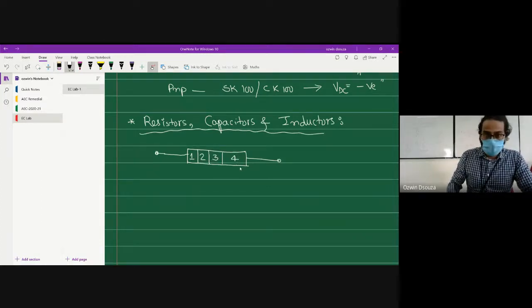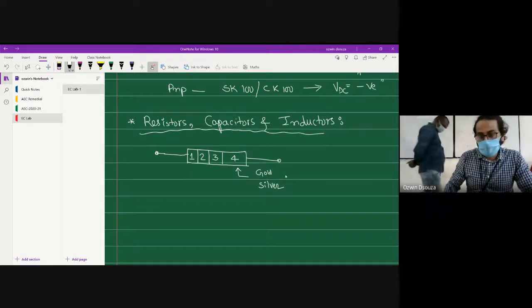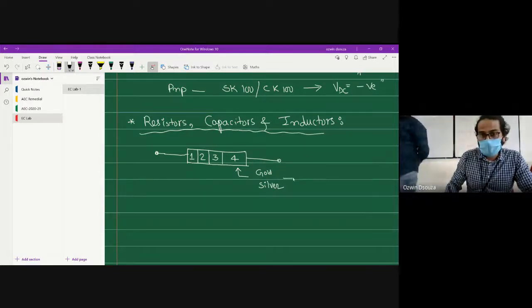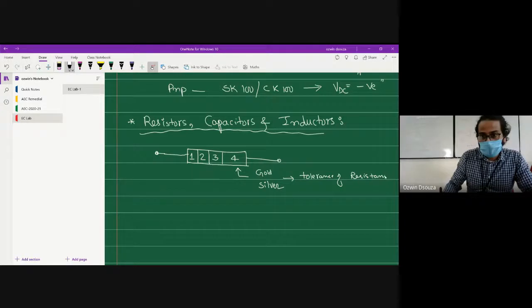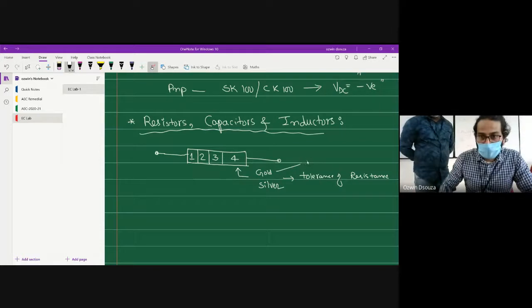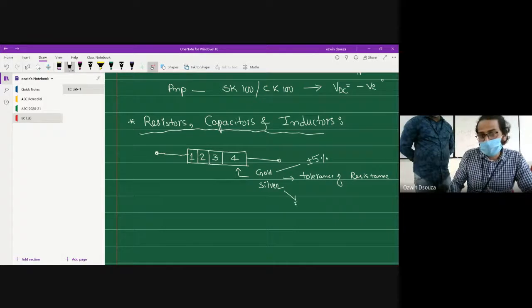Your fourth band is usually colored with gold or silver. The fourth band always talks about the tolerance of resistance. For gold, the permitted tolerance is plus or minus 5%, and if you find a silver color over there, then plus or minus 10%.